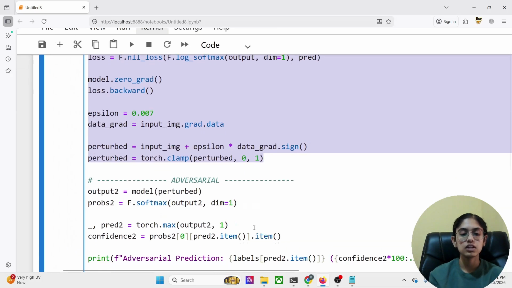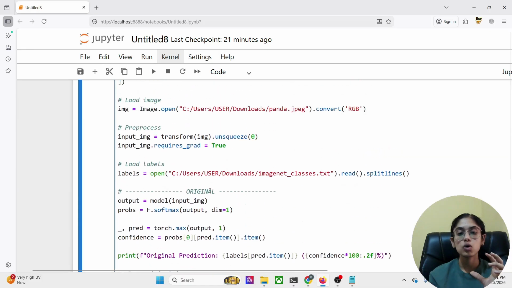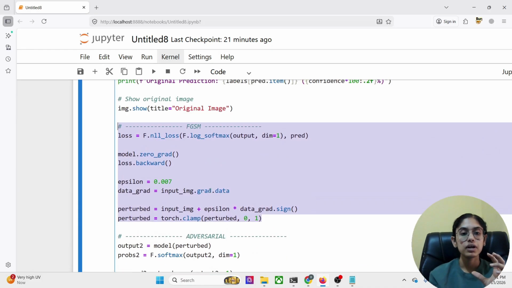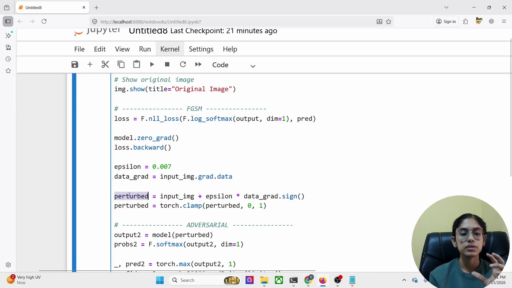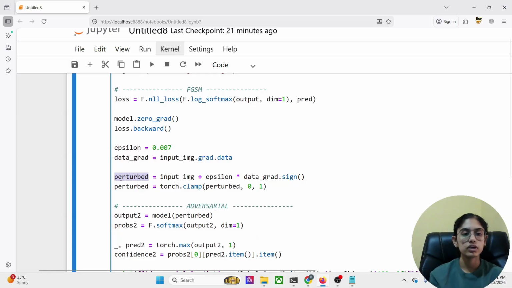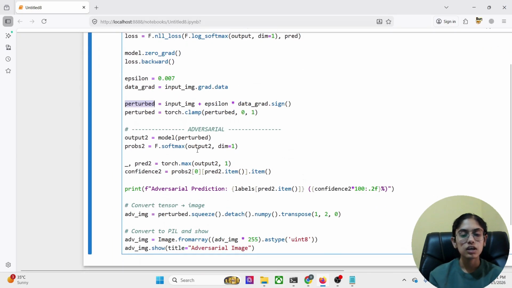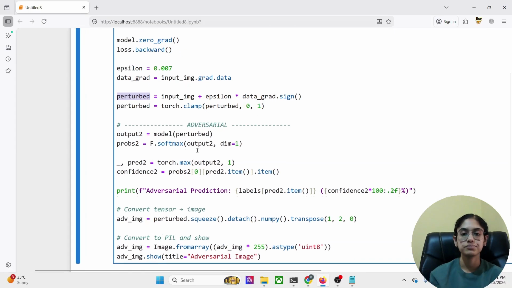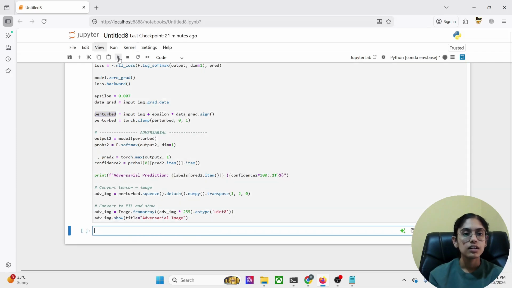Next is adversarial: I am predicting the image, not from the original image, but from the modified image, which is known as the adversarial image. Here again I am predicting. So let's run this particular thing.